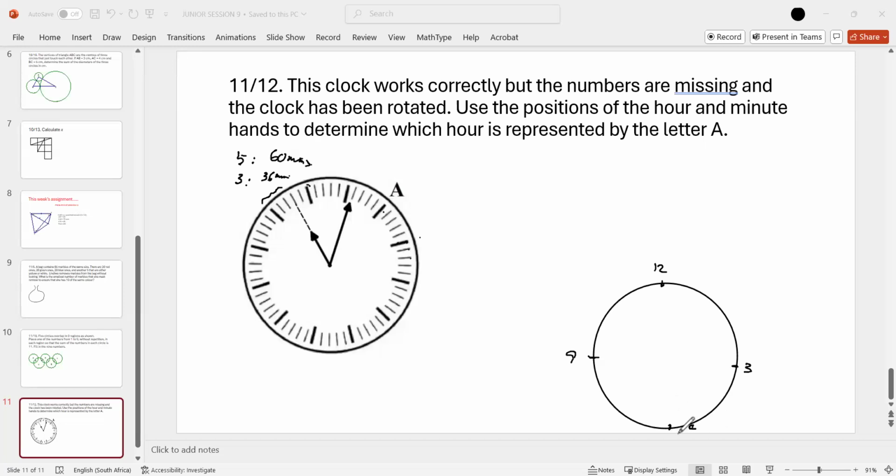So in other words, you got 30 here, 35, multiples of 5. So this is where the hour hand is pointing. 36.